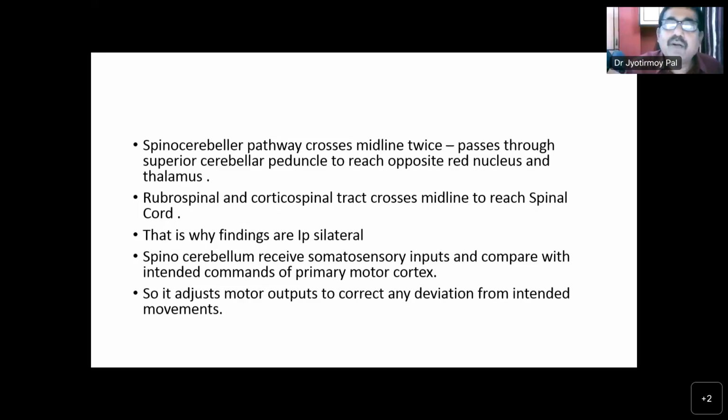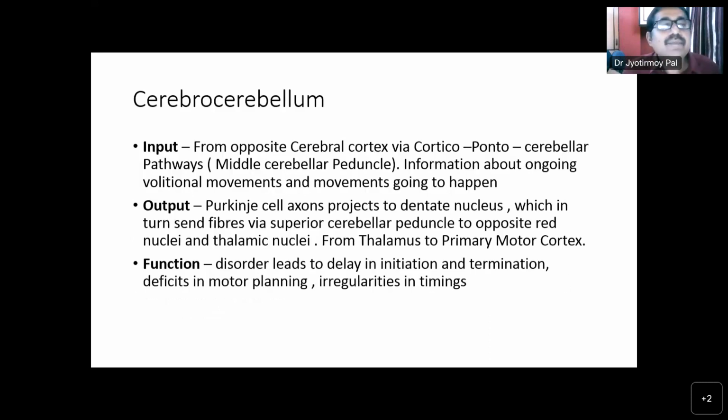And from the cerebral cortex, output comes via the corticospinal tract and again crosses the midline. So there is a two-time midline crossing. As a result, if there is a right-sided cerebellar lesion, we will get symptoms on the right side, that is ipsilateral. So in a cerebellar lesion we get ipsilateral findings, and in a cerebral cortex lesion we get contralateral findings.